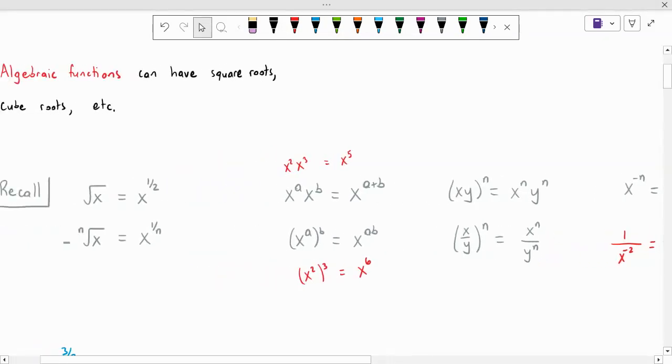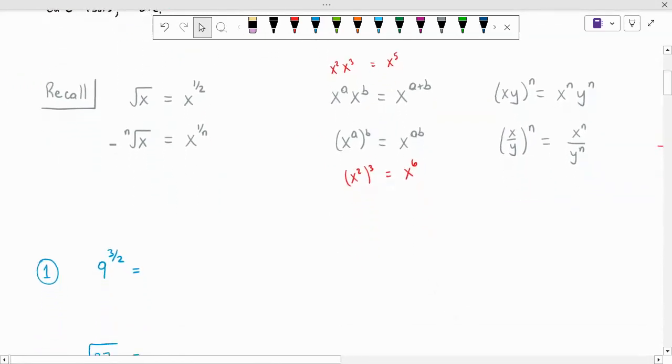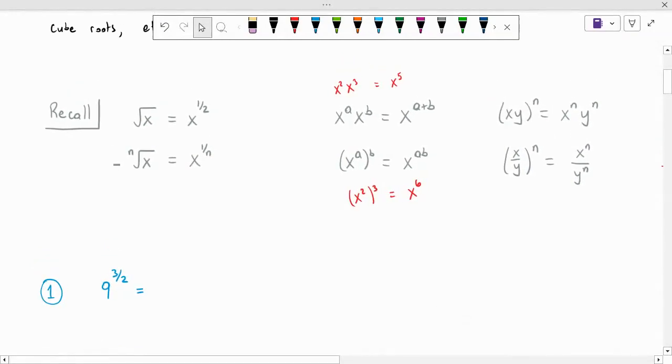All right. And I just wanted to make sure that we're comfortable with working with fractional powers of something. So here I've got 9 to a power of 3/2.